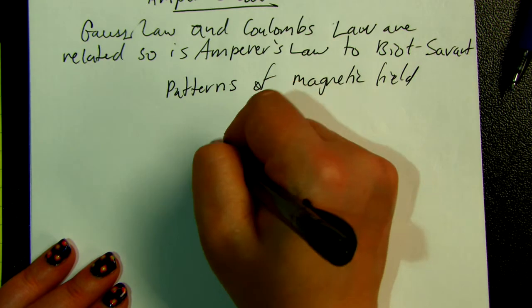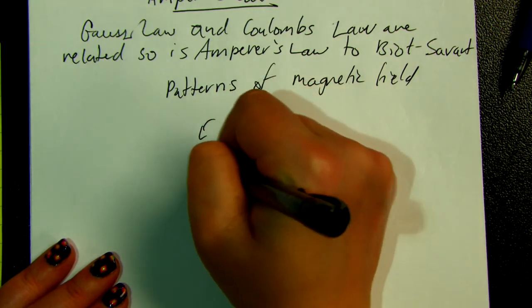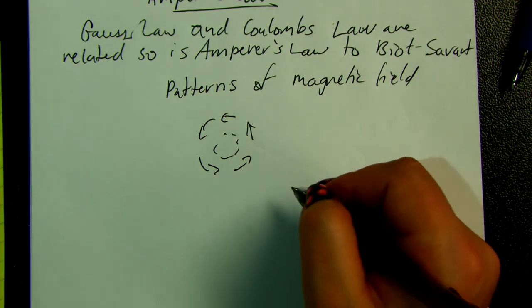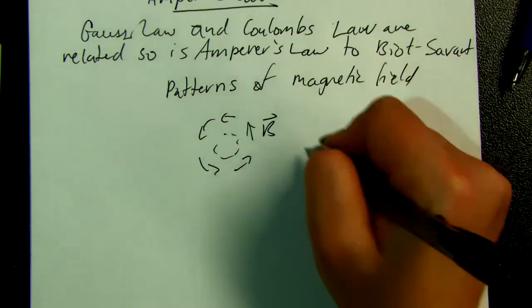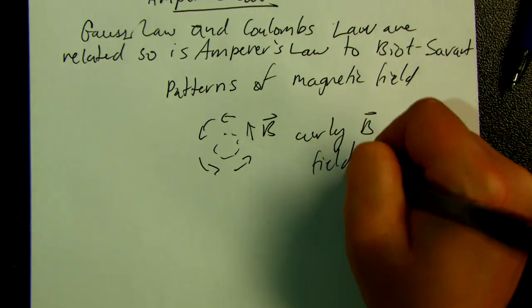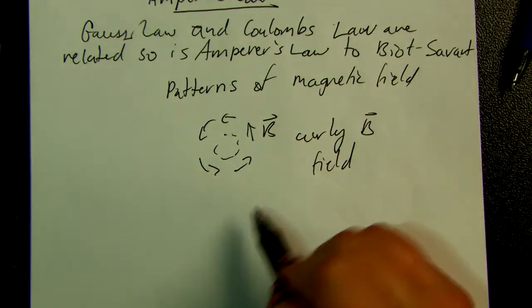So here's one we've seen before. That curly magnetic field, so it's a curly B field. What could make this curly field here?